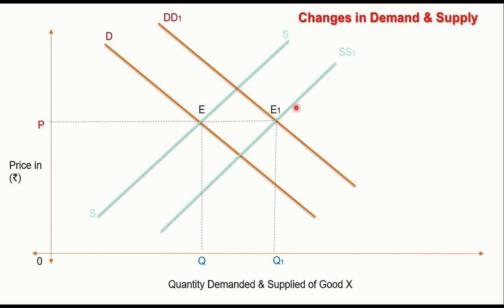If demand increases by a smaller proportion than supply, then the equilibrium price will fall and the equilibrium quantity will increase, and vice versa. The shift in the demand curve and supply curve, or simultaneous shift in demand and supply curves, changes the market equilibrium, which in turn changes the equilibrium price and quantity.